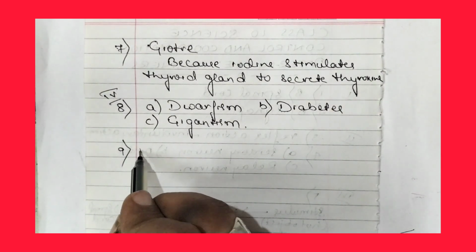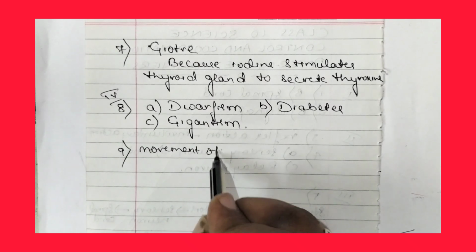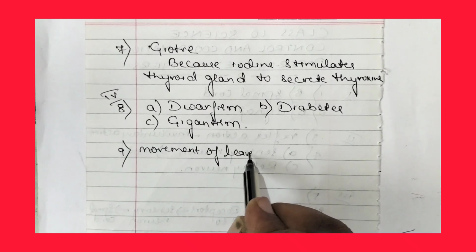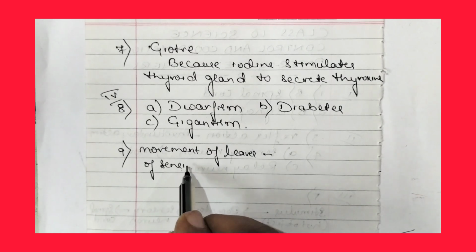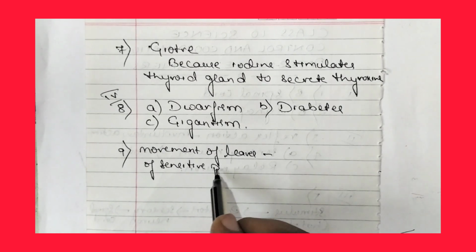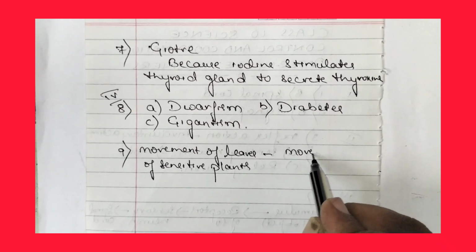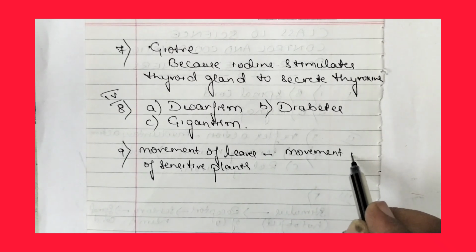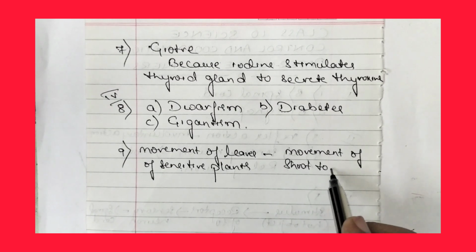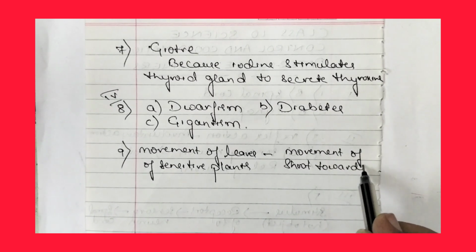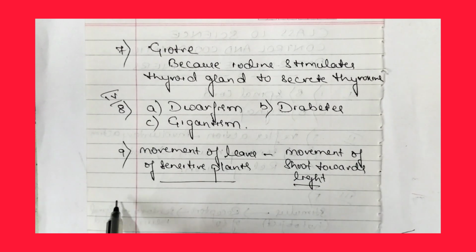On one side, movement of leaves of sensitive plants, and on the other side, movement of shoot towards light.